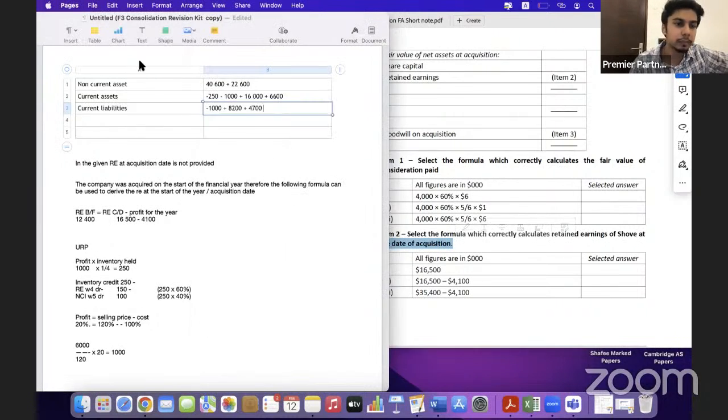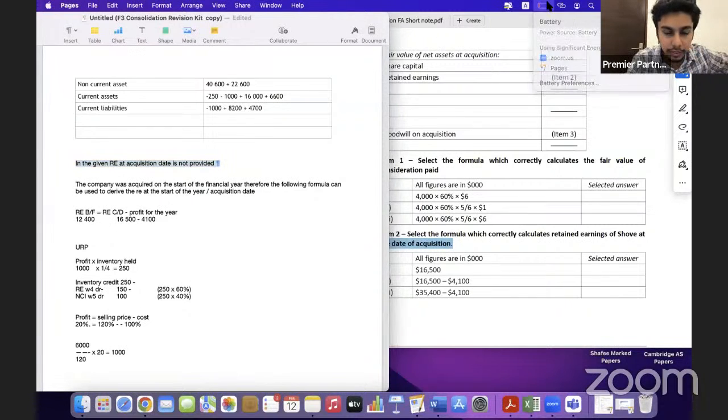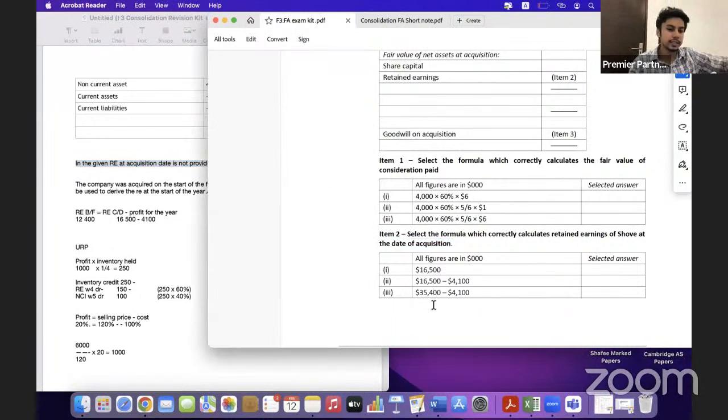Remember, in our paper, retained earnings at the acquisition date was not provided. Because it's not provided, we calculated it. So they are asking, how did you get this answer, 12,400? Show the working. Can you quickly go through this and select the working on how we got the answer?